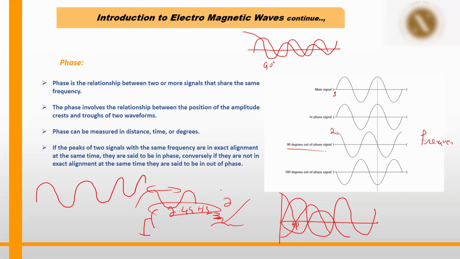Since they are on the same frequency but out of phase to each other, they tend to cancel or add to the signal. Suppose they are out of phase, and if it is exactly 180 degrees, they will cancel each other. If they are in phase, then they will add to the signal.